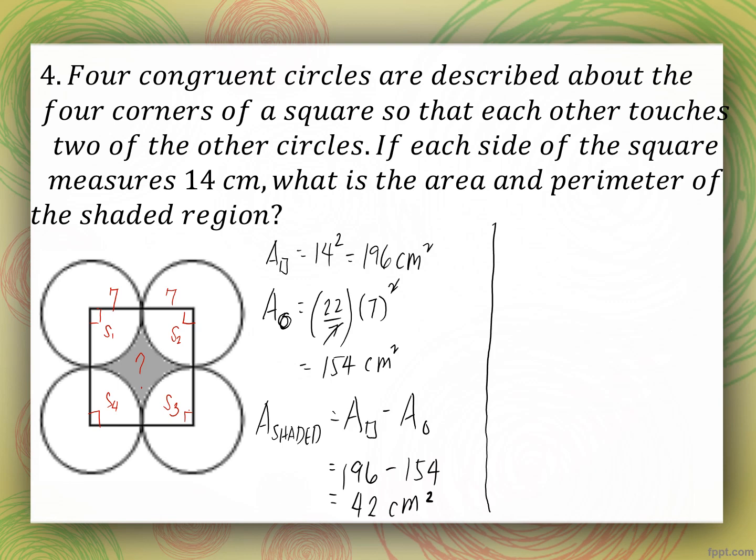So this is what we are looking for. Let's put a line on it so you can see it easier. So we will find the perimeter of the shaded region, right? So we are going to find these lines here all together.